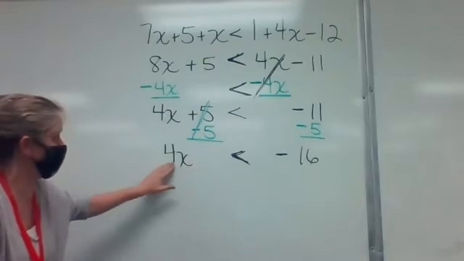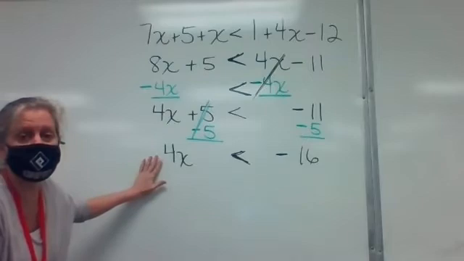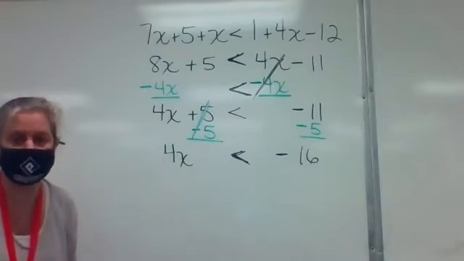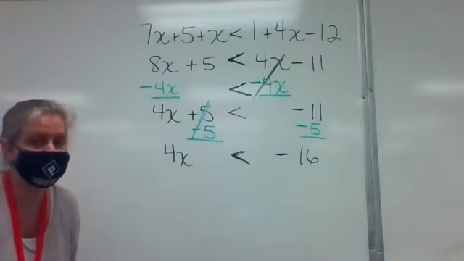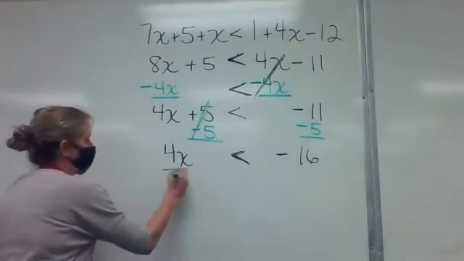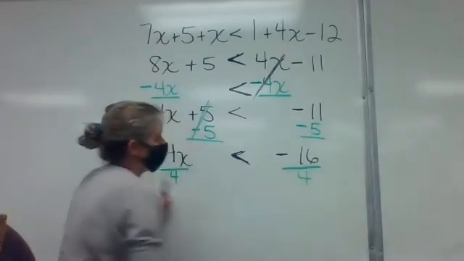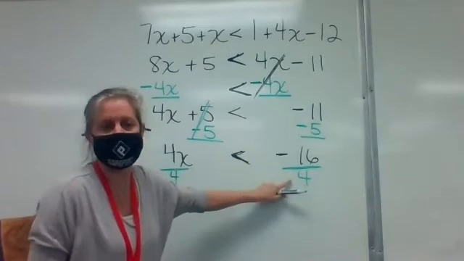What is hooked on to the x? A positive 4. So that is what you are going to divide by. You are not dividing by a negative. You are dividing by positive 4. So even though this number is negative, it doesn't matter.